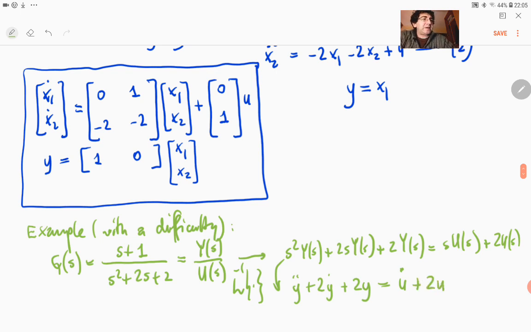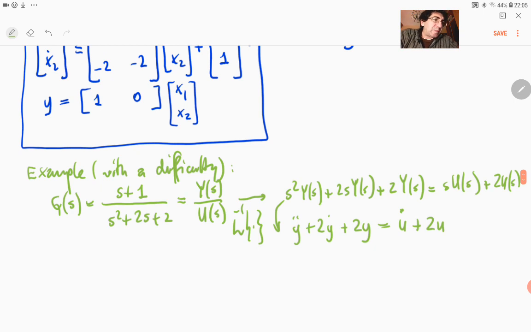Unfortunately, our state space representation does not, or cannot, have any derivatives of the input. That's simply not possible in the state space representation.